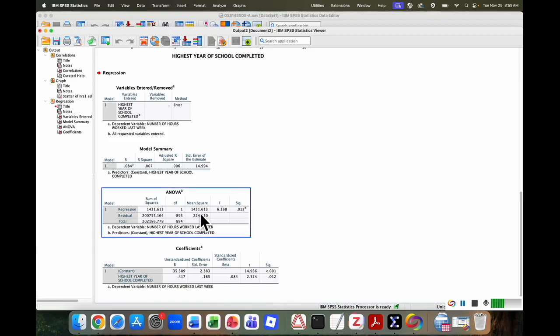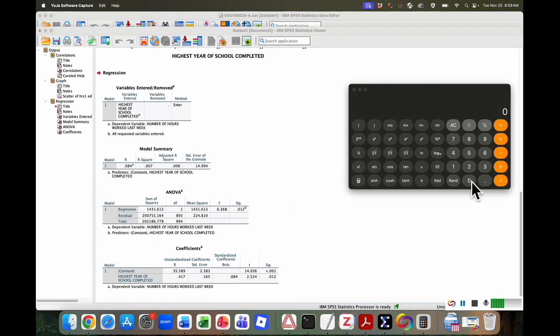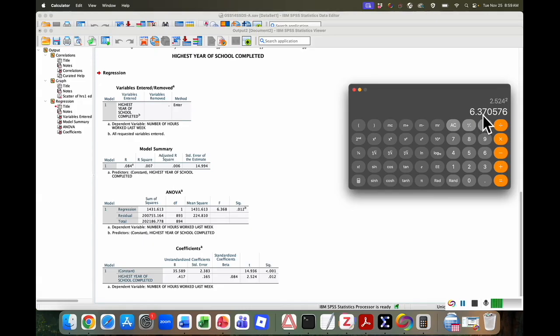The ANOVA here gives us information about the model. And because we only have one coefficient in this particular situation, if we square that t, which is 2.524 squared, we get 6.3705, which is fairly close.